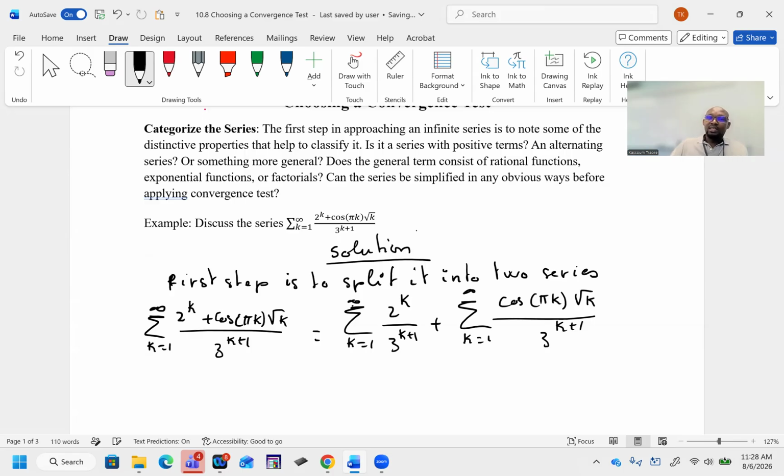And if you look at these two series, the first one is a geometric series, right? And looking at the second one, because of cosine of pi k, if k is 1, we have negative 1. If k is 2, positive 1. If k is 3, negative 1. So we can say this is an alternating series, right?